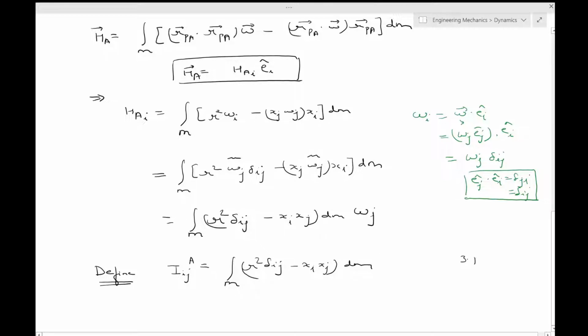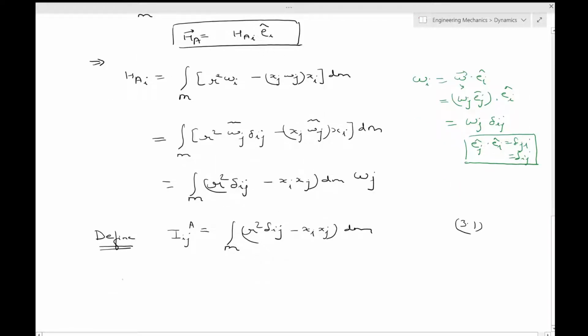This is 3.1. So HAi can be written as Iij about A into omega j. Okay, using this one. So this particular part is written as Iij about A, and this one remains omega j. So that's how we can write HAi as Iij omega j.